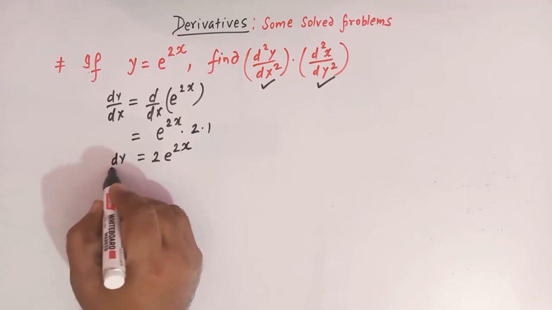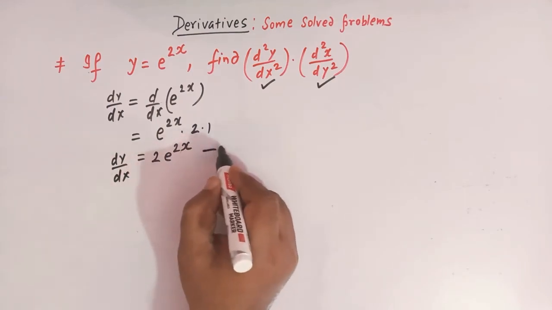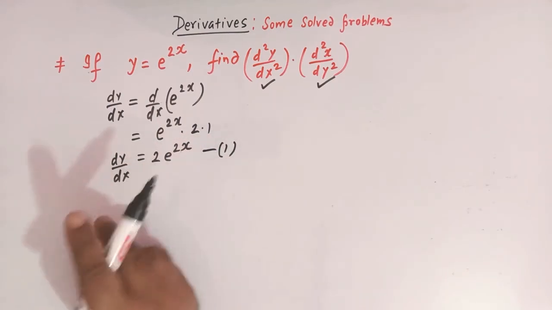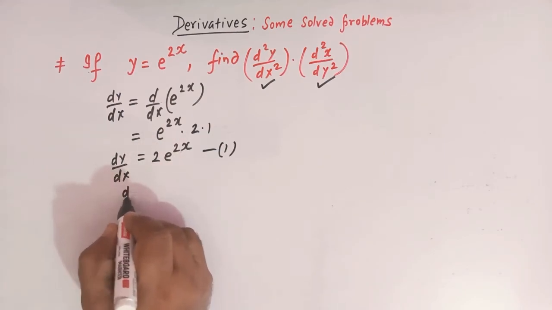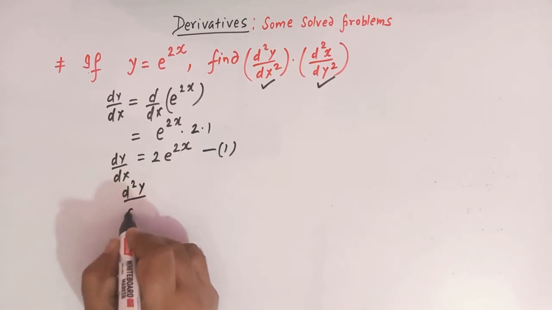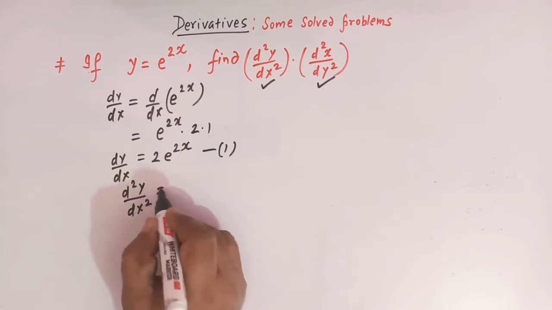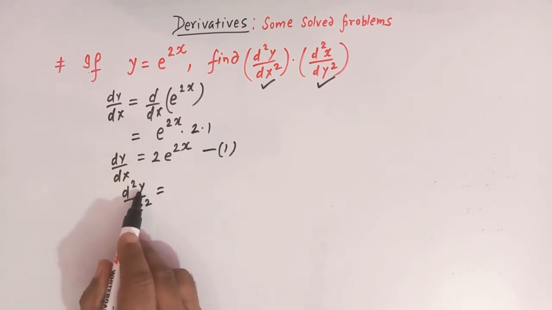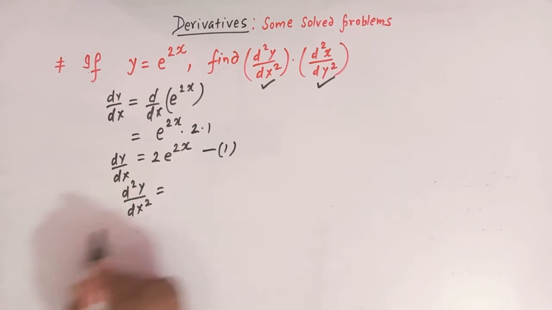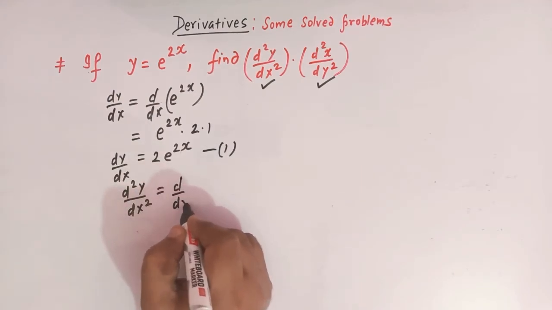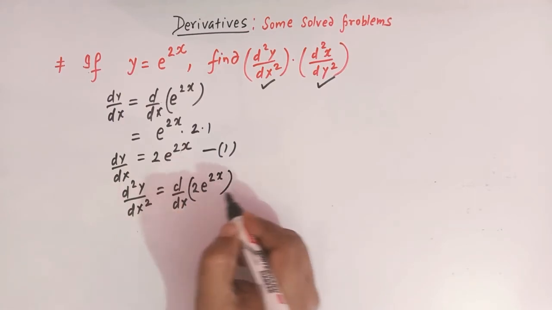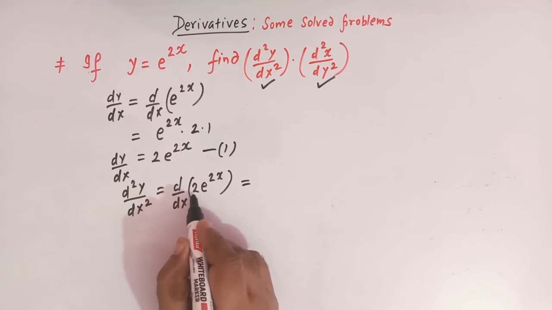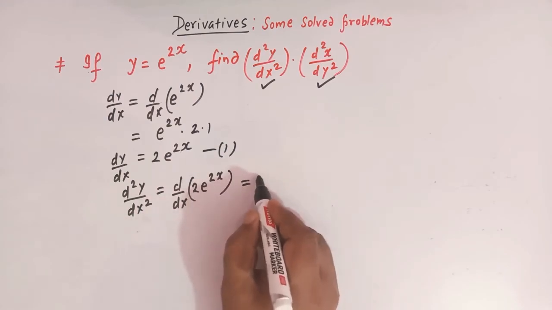Okay, so once we have obtained the value of dy over dx, let us once again differentiate both sides. So we'll have d2y over dx2. This is the second derivative of y with respect to x, right? So we have d by dx of 2 times e raised to 2x, and now 2 is a constant here, so we can take it out.